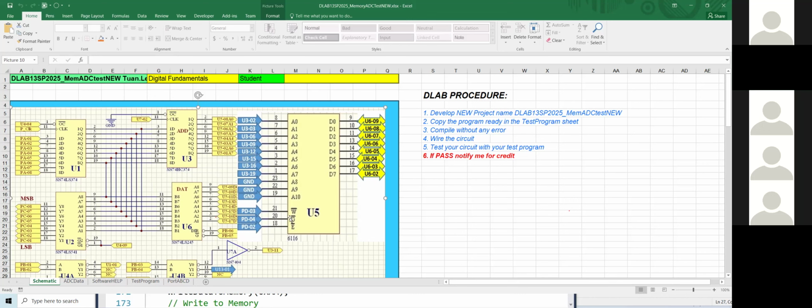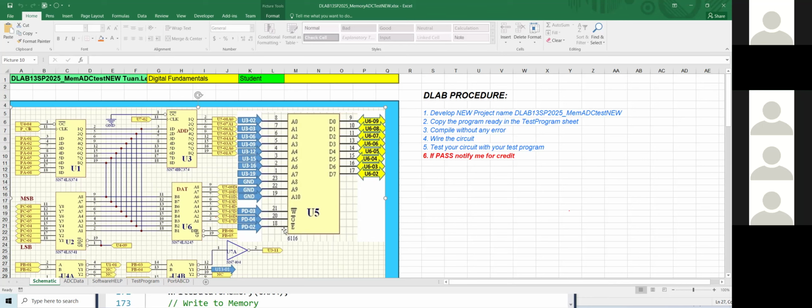That means when you read, pin 20 must be 0, and pin 21 has to be 1 for reading. Yeah, reading is logic 1. Yes.